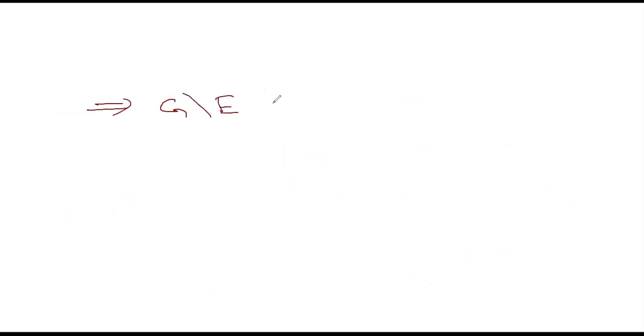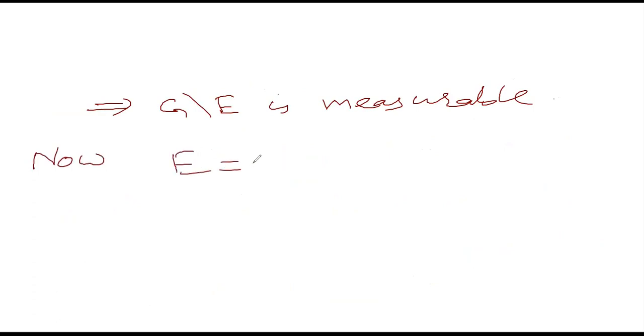G minus E is measurable. Now we have to show that E is measurable. Now E is equal to G minus (G minus E).